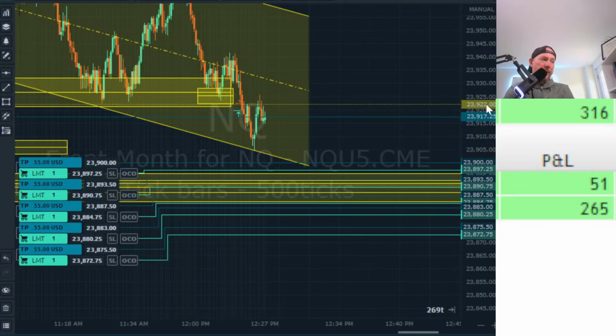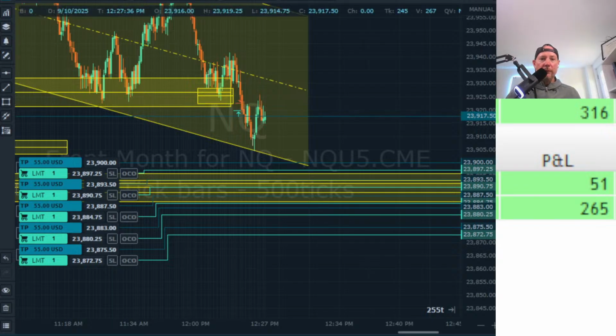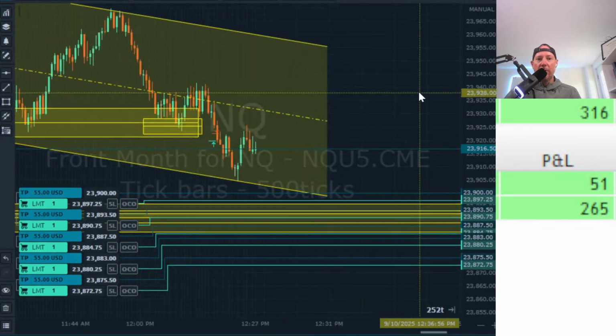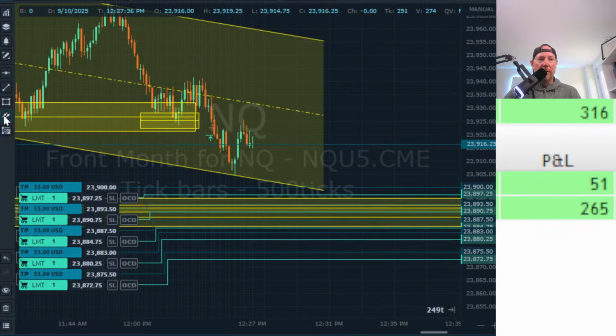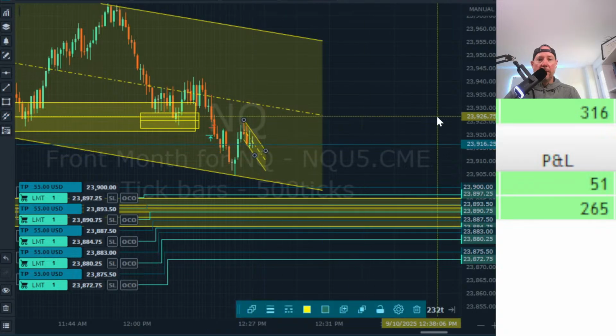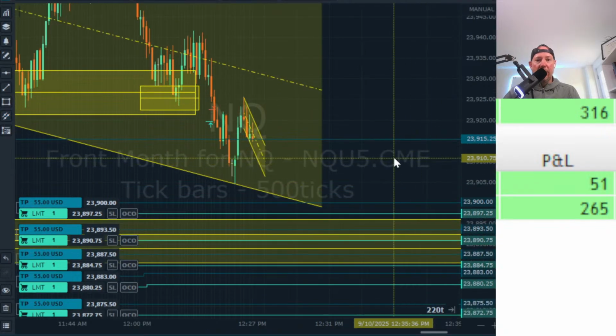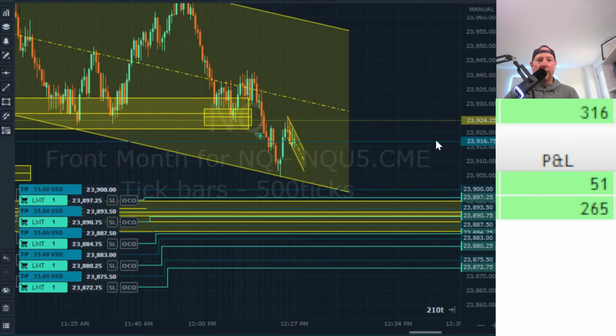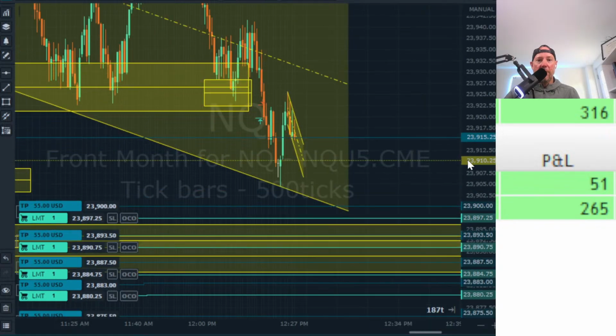Let's see. Can we do like a bull flag here? I'm kind of tempted to go long here. I mean, after this sell-off, maybe we could do a quick scalp here.